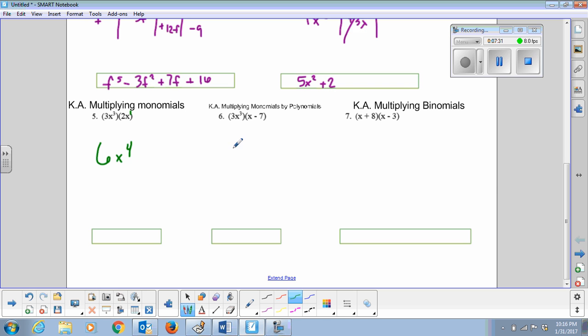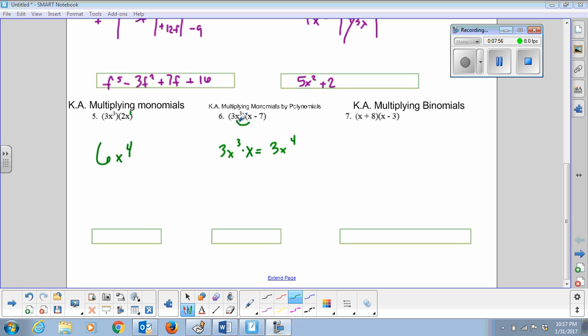For number 6, this was also worth 2 points. This was the lesson multiplying monomials by polynomials. So this one is just 3x to the power 4 for that first group. So it's 3x cubed times x. Okay, and I just wrote it out as I would have liked to see it on your quiz.